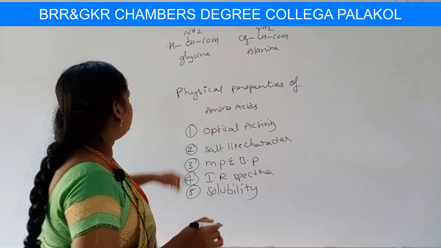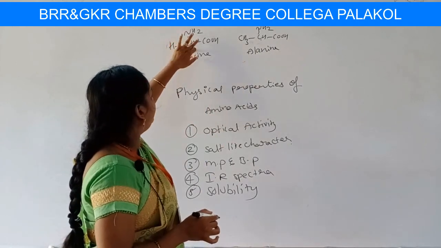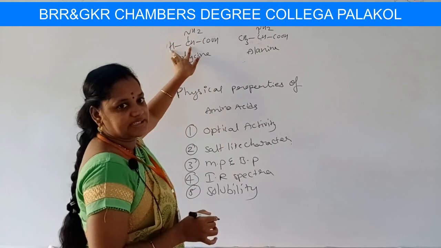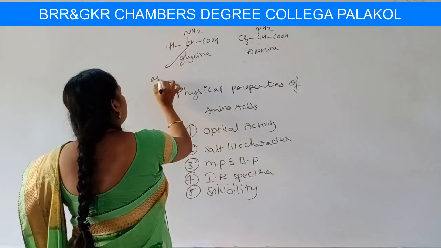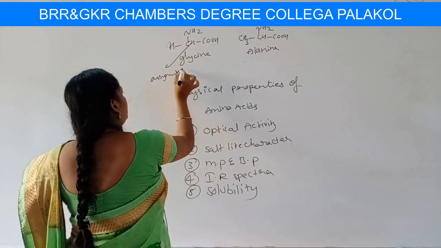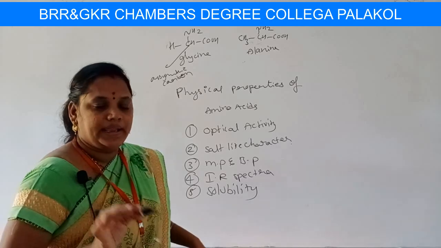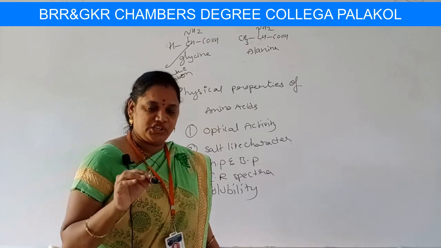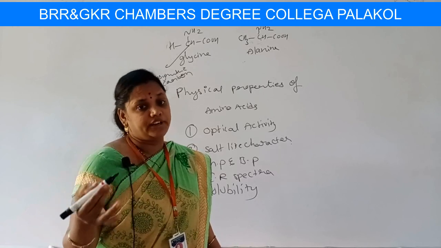What happened here is the carbon is connected to 3 different groups, but 2 groups are the same. Hence it is not a chiral carbon or asymmetric carbon. A chiral carbon or asymmetric carbon is a carbon atom which is connected to 4 different groups.